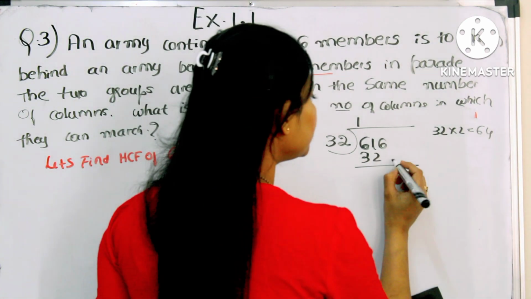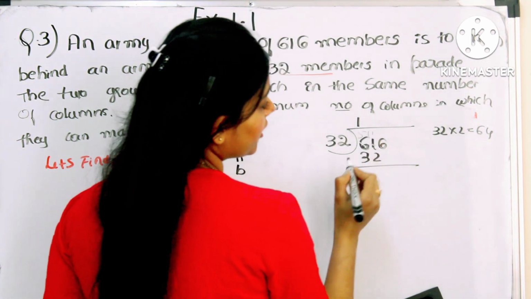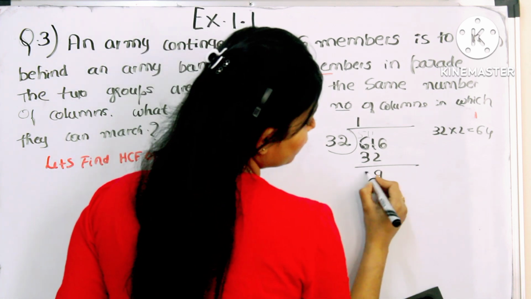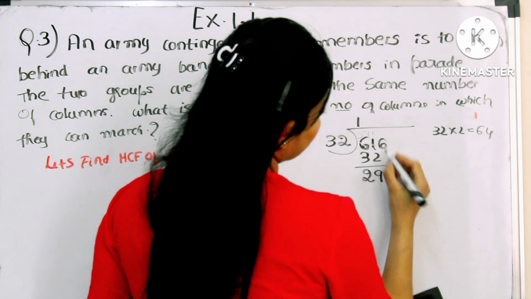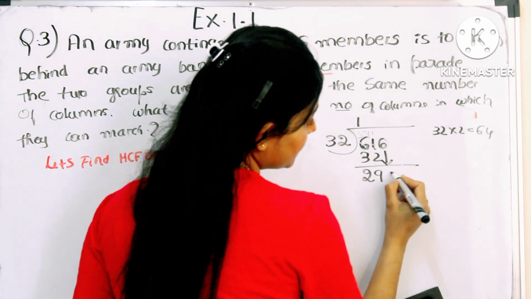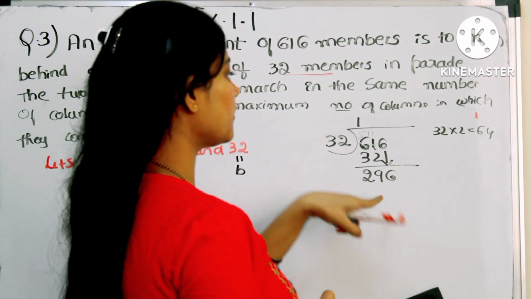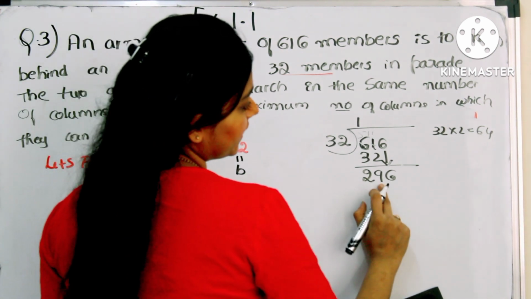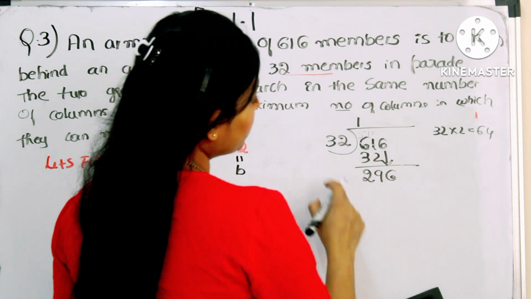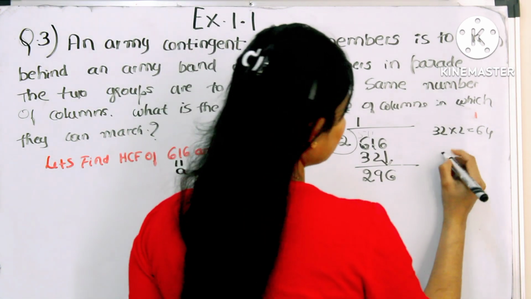So what is the remainder here? The remainder is 29. Again bring 6 down, so you get 296. You can't divide 29 by 32, so you get 296. 32 times how much is 296? 296 is not exactly divisible.